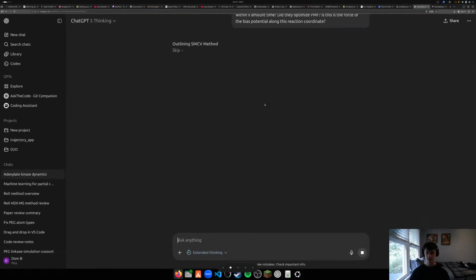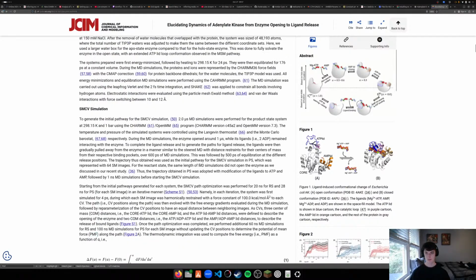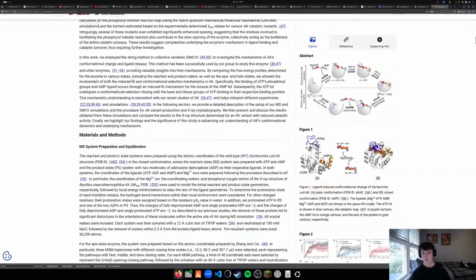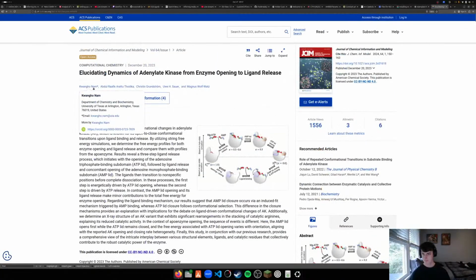This paper seems like what you would need to do, like the bare minimum requirement for biased MD with a collective variable. Where are these people from?